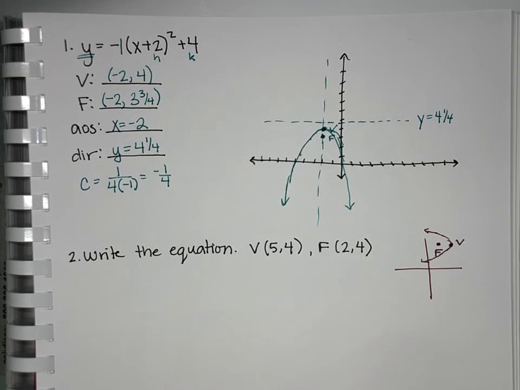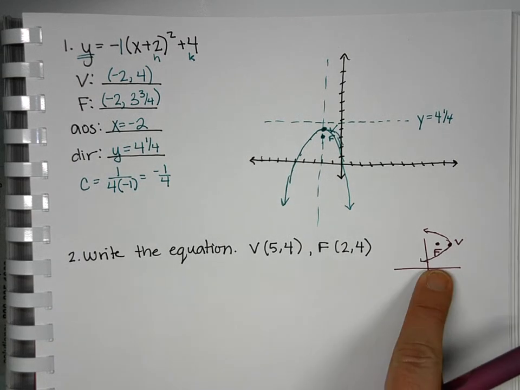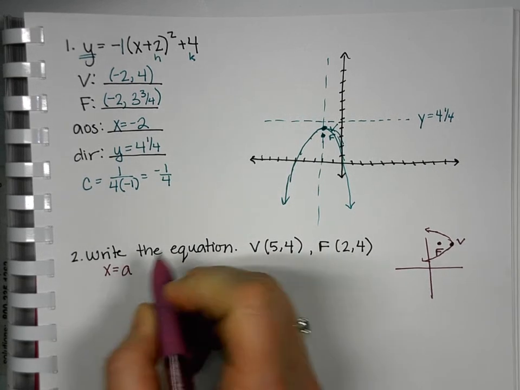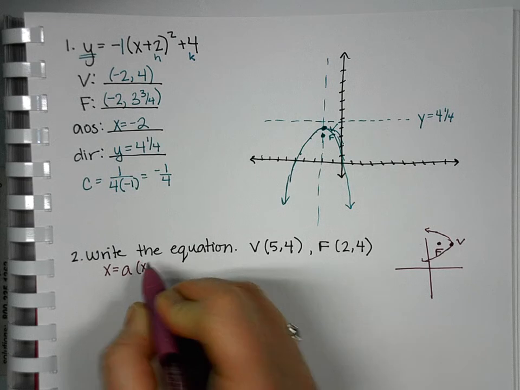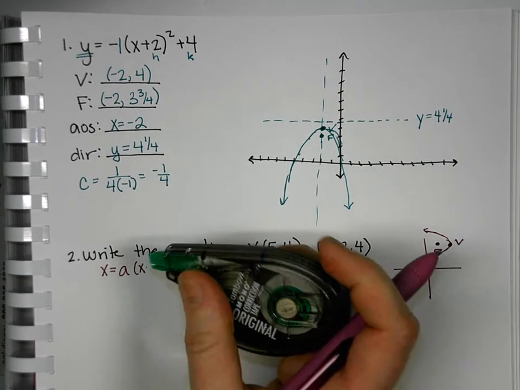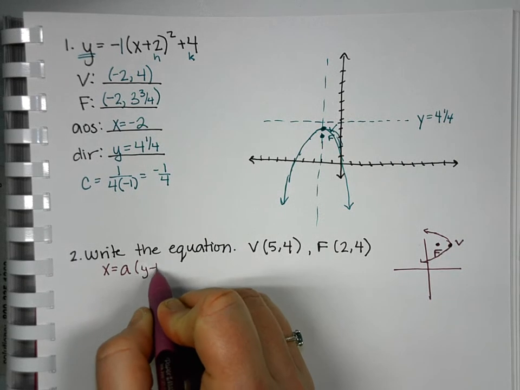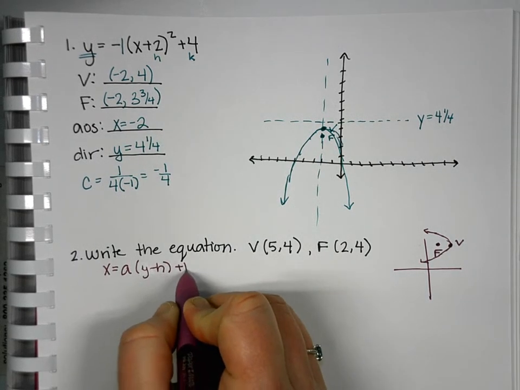So those are some things I'm just going to keep in my head so that I can check that I'm using the right equation. So because it's horizontal, I know that it's going to have to be x equals a times (y minus k) squared plus h. Sorry, I did that wrong again. That should be a k.